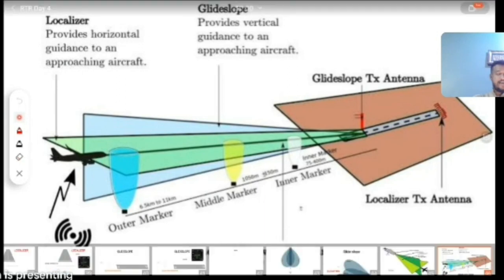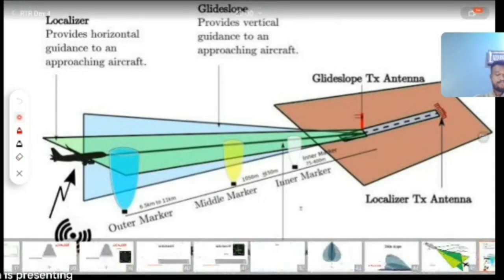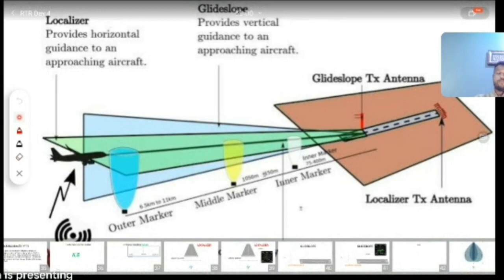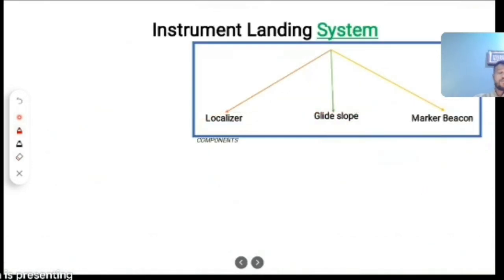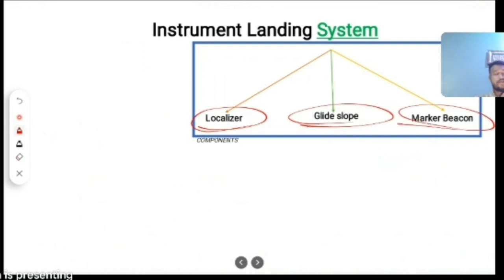So ILS has three components: localizer, glide slope, and marker beacon. The localizer's function is to give azimuth guidance, glide slope gives elevation guidance, and marker beacon gives distance.